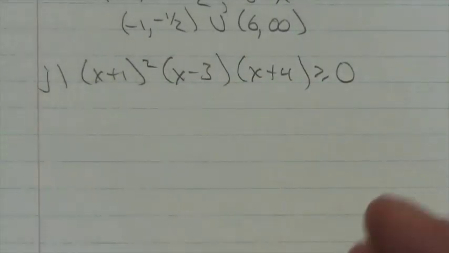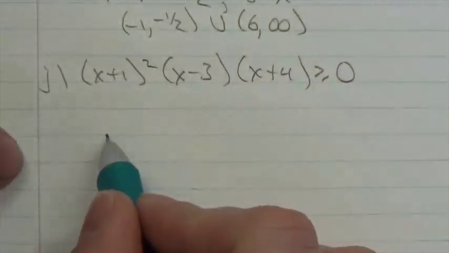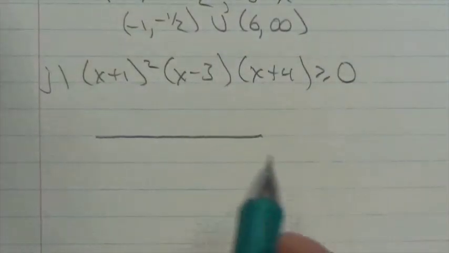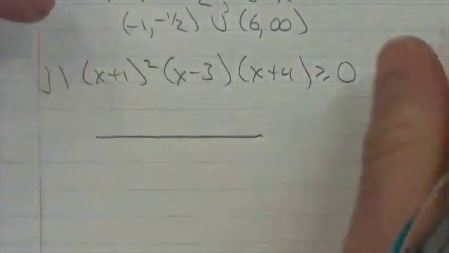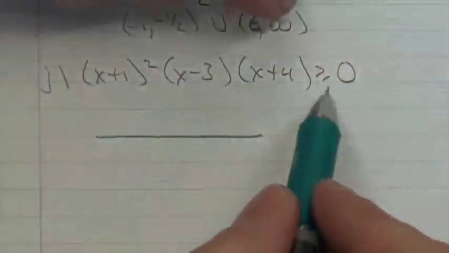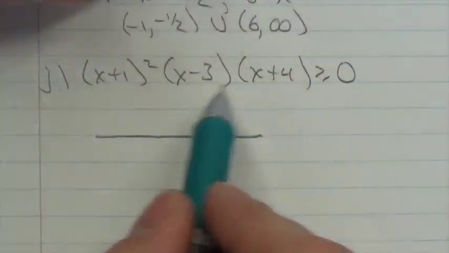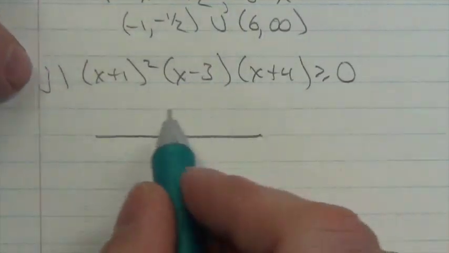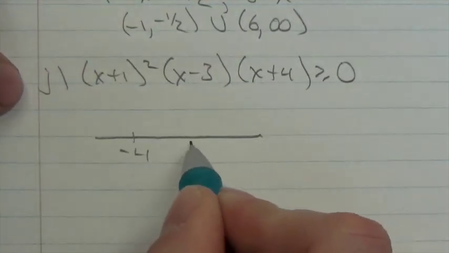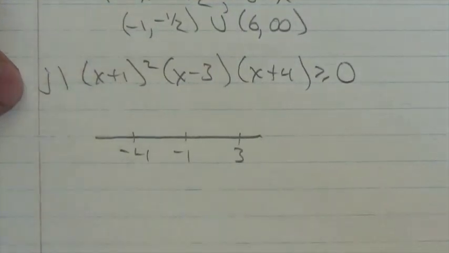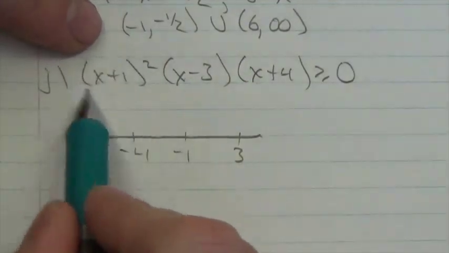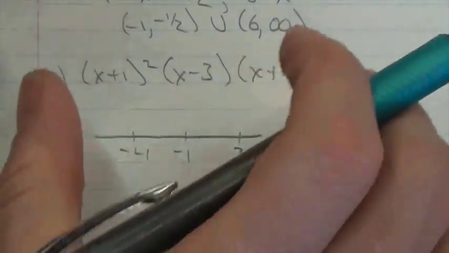So we're going to assume right now that that's not the issue. The issue right now is interpretation. So here when I look at this, it's a polynomial, everything's over on one side, I'm comparing it to 0. I see that my x-intercepts here are going to be at negative 4, negative 1, positive 3. This is degree 2, degree 1, degree 1, so this is a quartic.